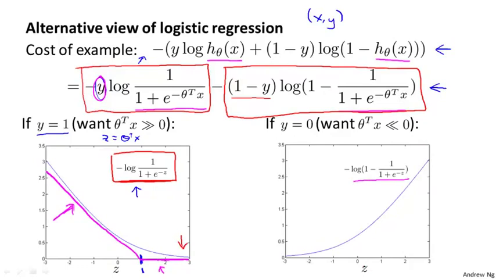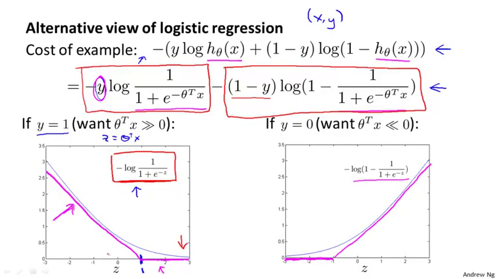If you plot that as a function of z, with z on the horizontal axis, you end up with this curve. And for the support vector machine, once again, we're going to replace this blue line with something similar: a new cost that is flat, 0 out here, and then grows as a straight line, like so.